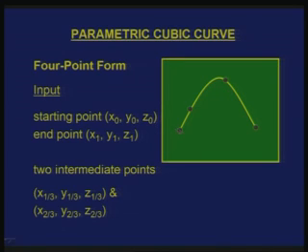For example, I can calculate the distance between these 2 points, the distance between these 2 points, and the distance between these 2 points. So, I have 3 distances. Let us say this is d 1, the distance between these 2 points is d 2, and this is a third distance called d 3.